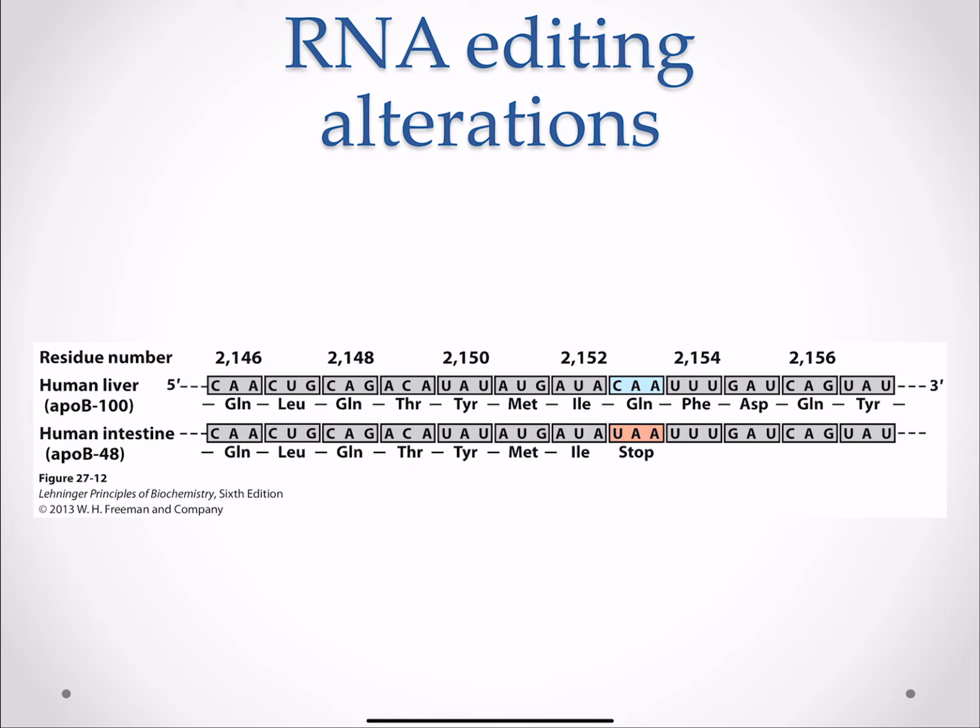An example of RNA editing at the level of eukaryotes is that you have different forms, ApoB100 and ApoB48, and this is for our lipoprotein particles.